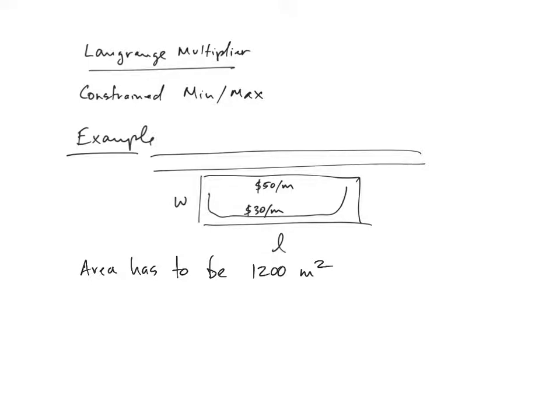So we've added a constraint. This is a constraint. If we're asked to minimize the cost of the fencing, we can't just make W and L equal to 0 because we're given a constraint. W and L can't be just any numbers. They have to be numbers such that 1,200 equals W times L, right? This is what we call our constraint equation.